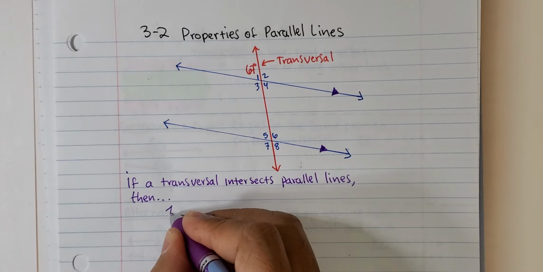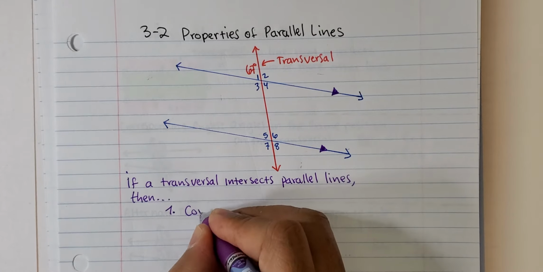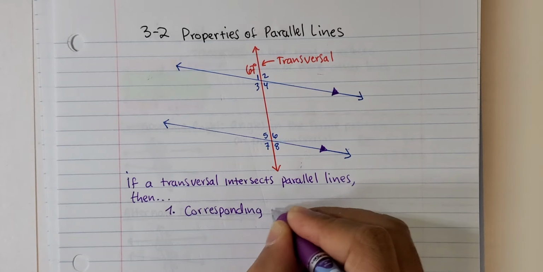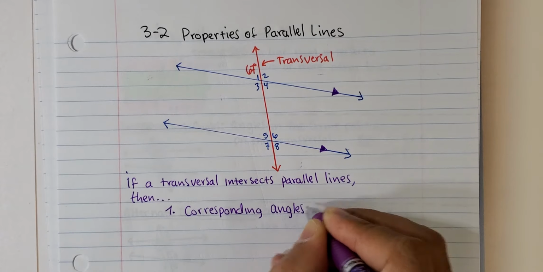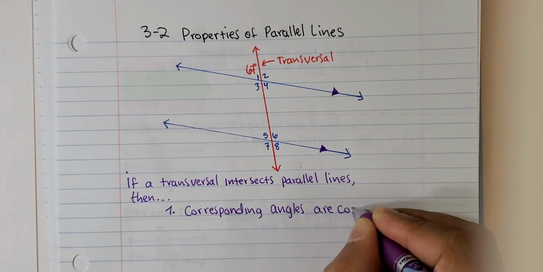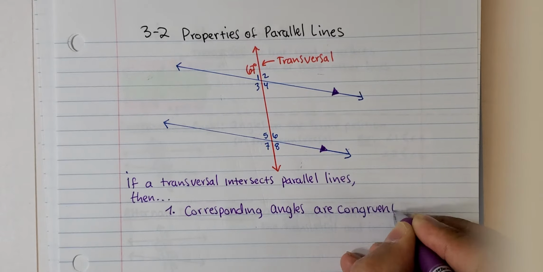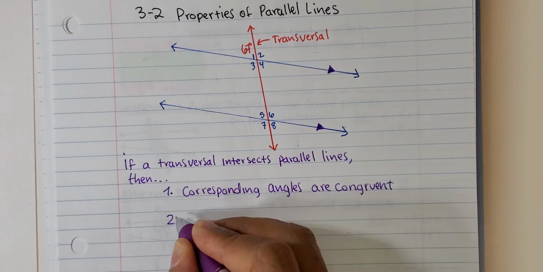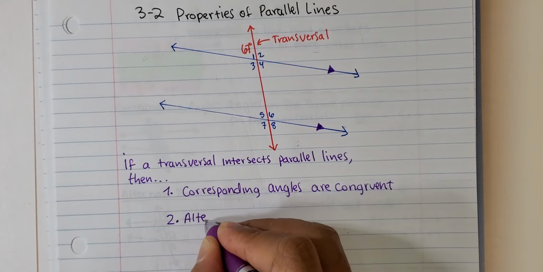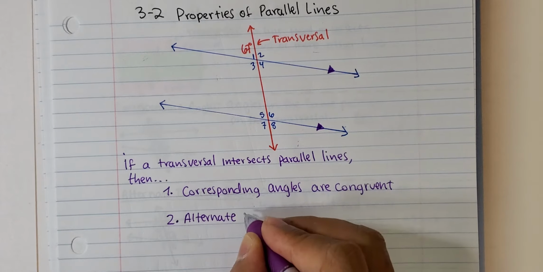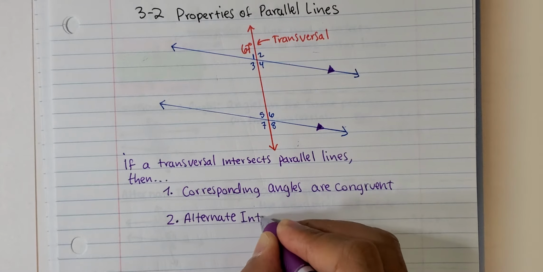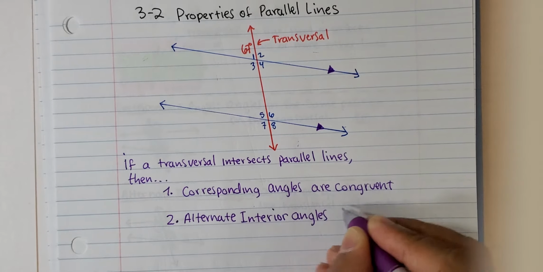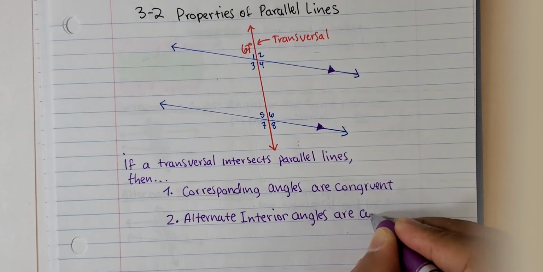So property number one, corresponding angles are congruent. Okay, that's one property. Another property is that alternate interior angles are congruent.